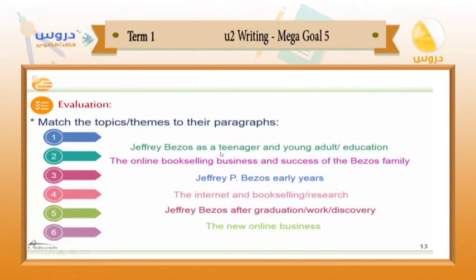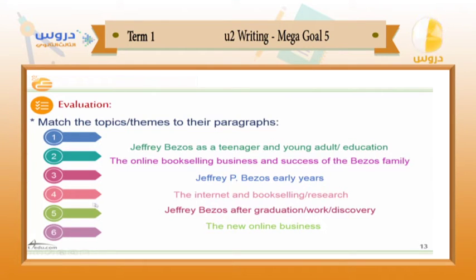Okay, so Jeffrey Bezos as a teenager and young adult, and also his education when he graduated from high school and he attended the university. Number 3, if you remember, after graduation, what happened? Okay, so it's Jeffrey Bezos after graduation and his work and the discovery.